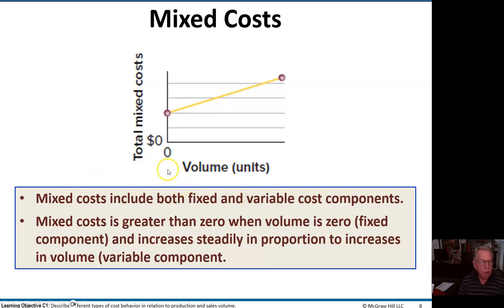There's a fixed cost on that telephone line every month, whether we use it or not, but also we would pay long distance charges to the degree that we use that phone line. So mixed cost is greater than zero when volume is zero. That's the fixed cost component, and it increases steadily in proportion to increases in volume. That's the variable component.